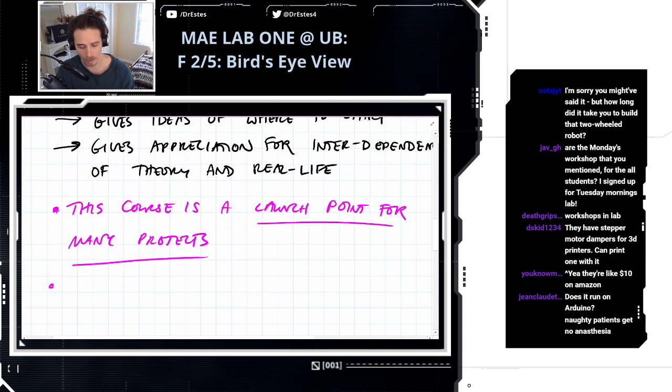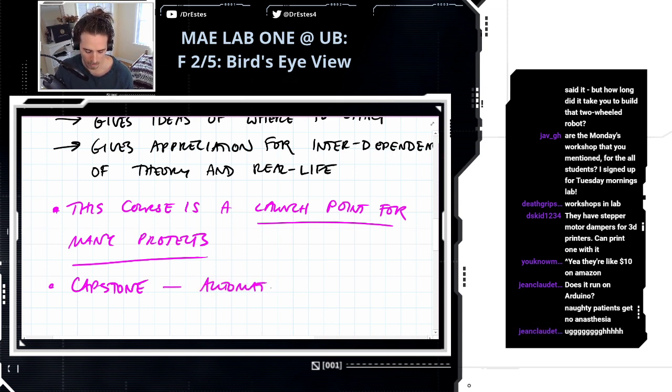Also something to keep in mind, you're going to be taking your Capstone project as a senior, and I know many of you are seniors right now, so you might be in the Capstone course. When you're thinking about doing your senior project, I think it was last year a team made an automated French press.